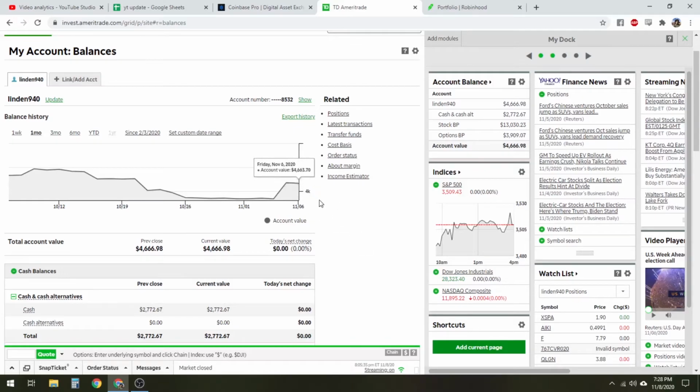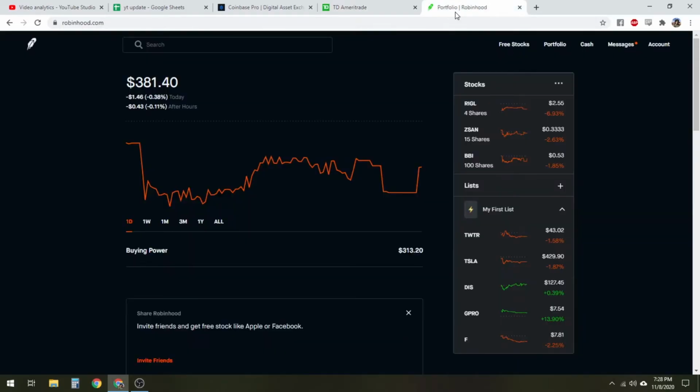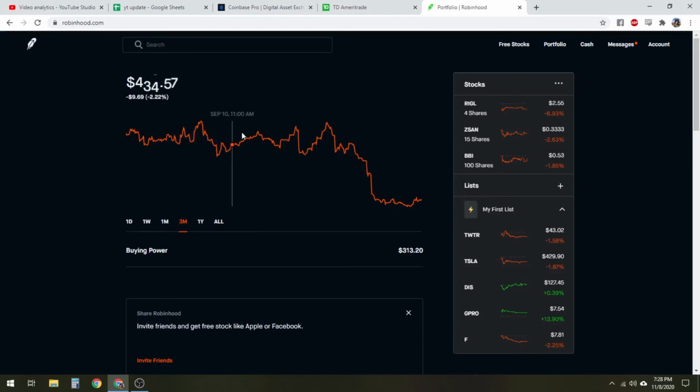But this coming Monday, I'm going to be paying attention, seeing what's going on in the stock market, and I might be making a trade. And then lastly, this is my Robinhood. Let's take a look at the 3 months. As you can see, I quit managing it. And right around the same time that my TD Ameritrade took a hit, guess what? This took a hit too.